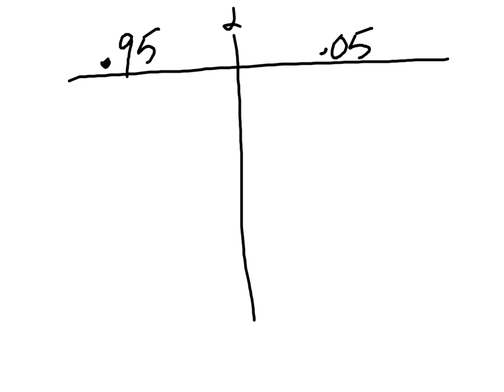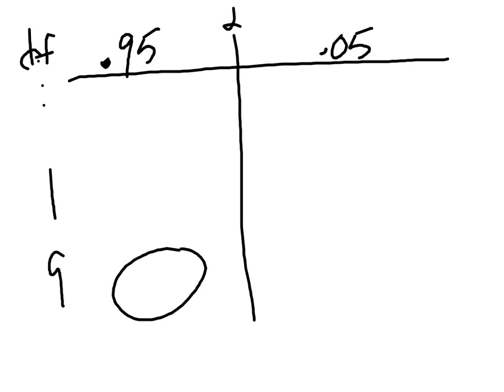And we're going to be looking for degrees of freedom 9. The values that we come up with, according to the book, are chi-squared right is 3.325, and our chi-squared left is 16.919.